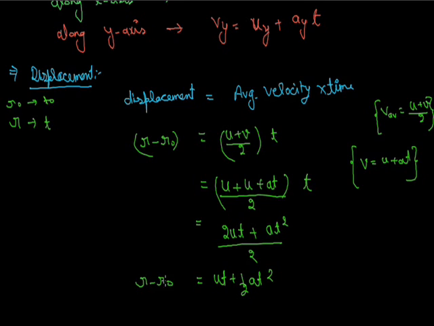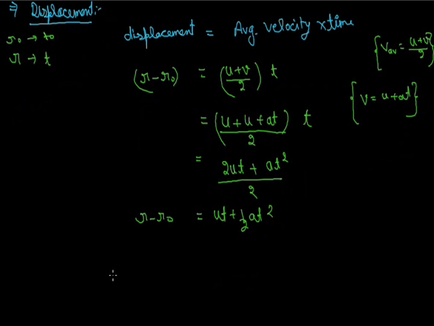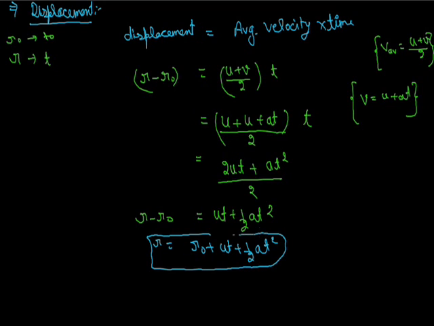This is r minus r naught, and we get r equals r naught plus ut plus half at square. This is the same as we write in 1D.